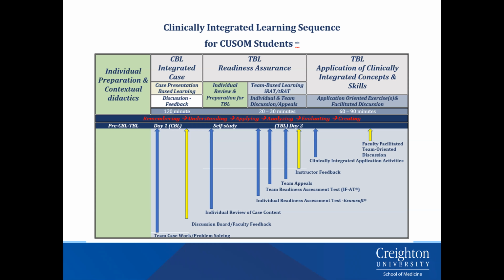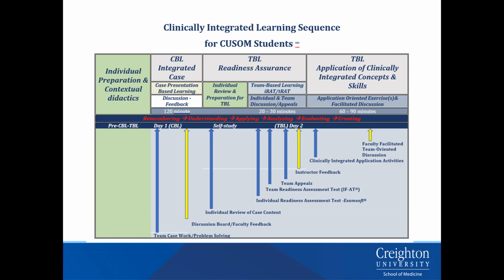Then team-based learning, readiness assurance: individual and team readiness assurance tests, and then the application exercises. As you can see from this, the case should last about 2 hours. We should spend, I should change that, 30 to 45 minutes on the IRAT and TRAT, and then 60 to 90 minutes on the application exercises.